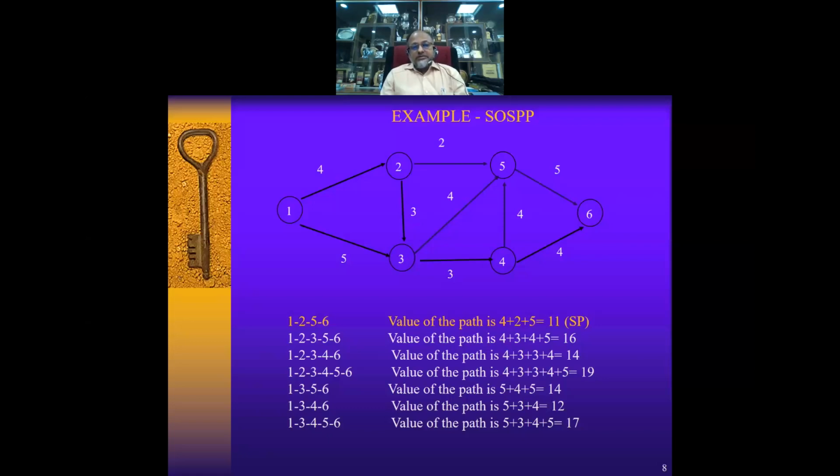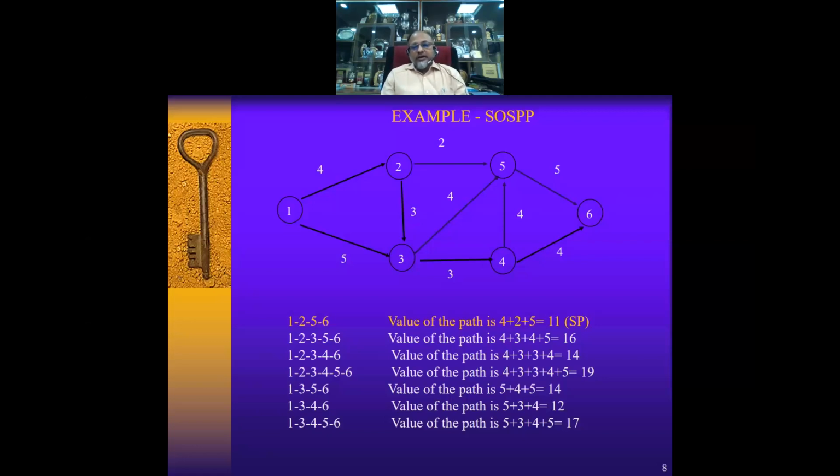What I mean here is, 1 to 2 is an edge, so 2 to 1 is also connected; similarly 2 to 5 is an edge, 5 to 2 is also an edge, with weights given. You imagine how many paths will be there. So it is very difficult to identify all the paths exhaustively, determine the value of each path, and then determine the minimum value.